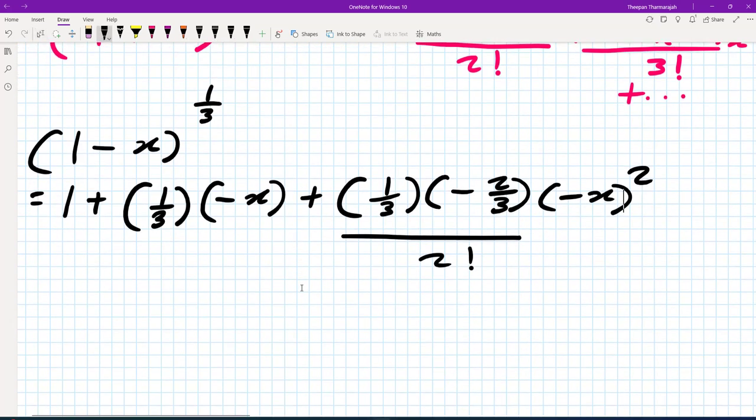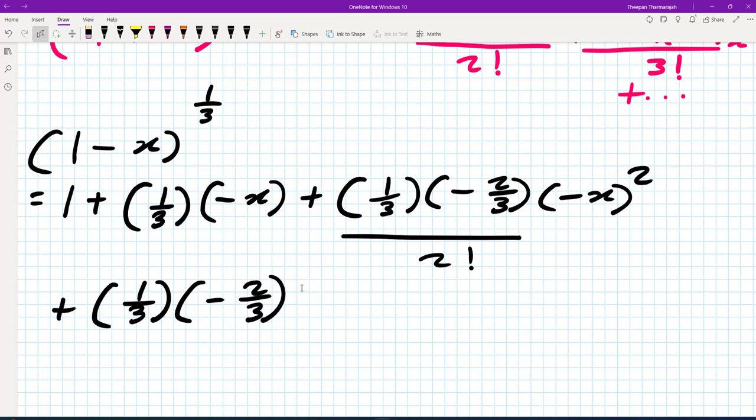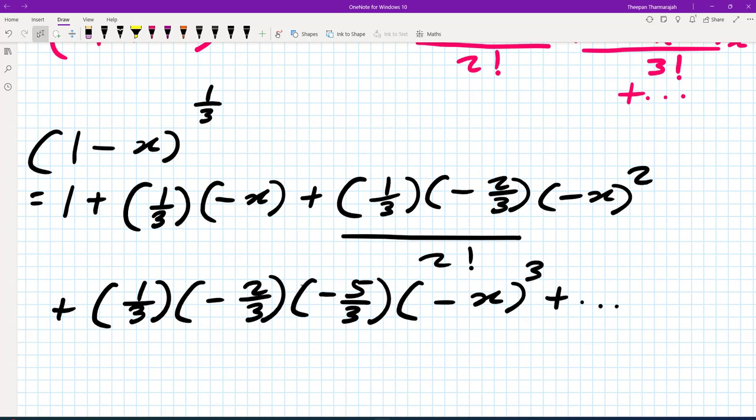So we're going to add another line here and say that's going to be a third times minus 2/3, and then don't forget we need to do n minus 2, which is going to be minus 5/3, times minus x all raised to the power of 3, plus other subsequent terms. Now, simplifying that, we can simplify these coefficients on a calculator quite easily. And don't forget, we need to divide this by 3 factorial.